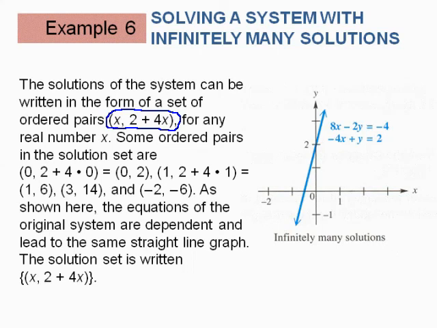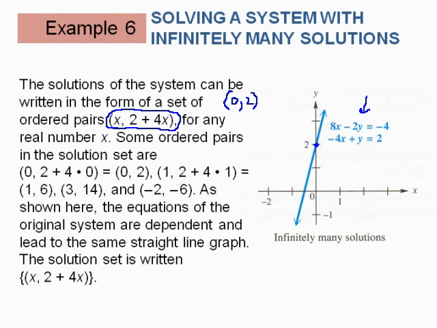Since that's the same line, remember here was our original problem. Let's take something easy. Let's put 0 in for x. Y would come out 2 plus 4 times 0, or 2. And notice that point satisfies both of these equations since it's the same line.